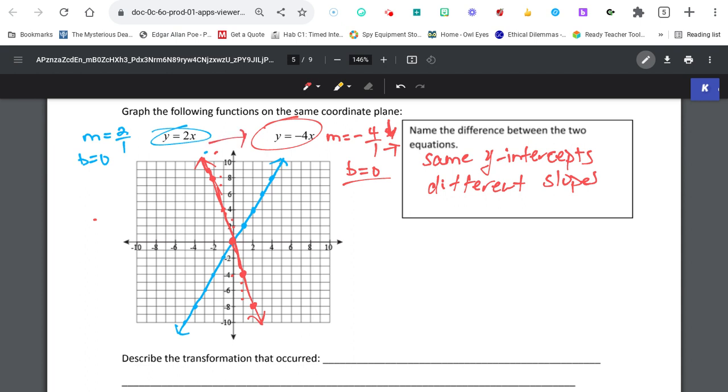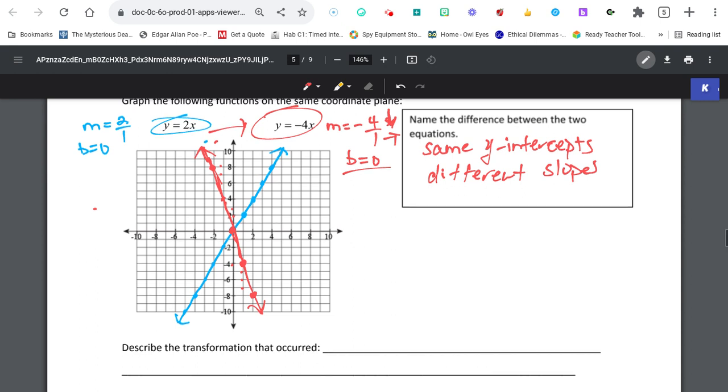All right. As we can tell, this thing's also been reflected across the y-axis, but we're not going to talk about that right now. I can tell that it's been rotated about the origin, or what we call (0, 0).